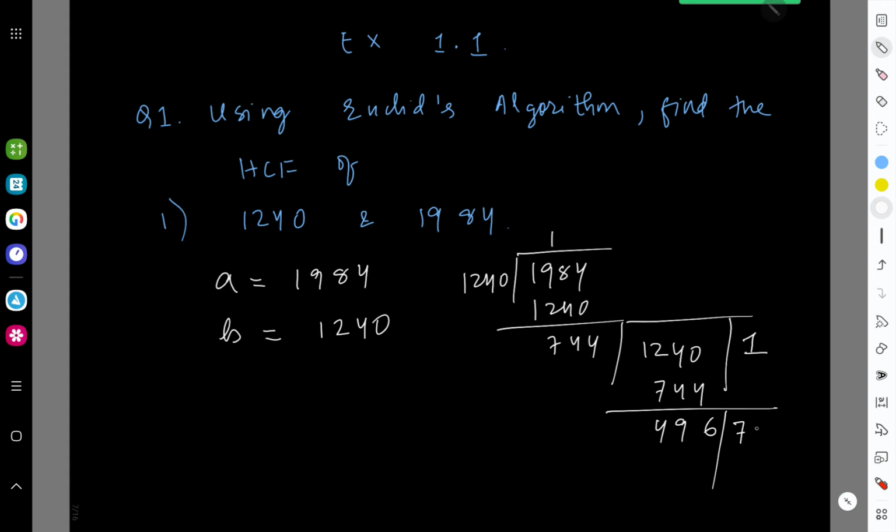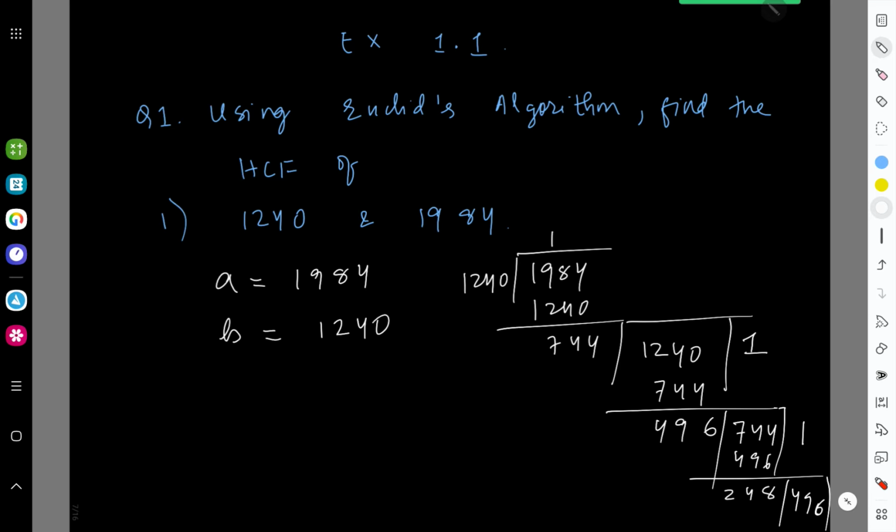Then consider 744 again as our new dividend. This will be again 1496, and the remainder will be 842, 496, 496.